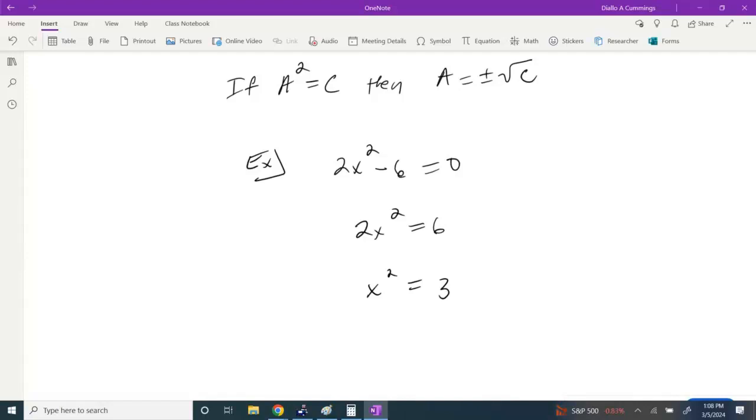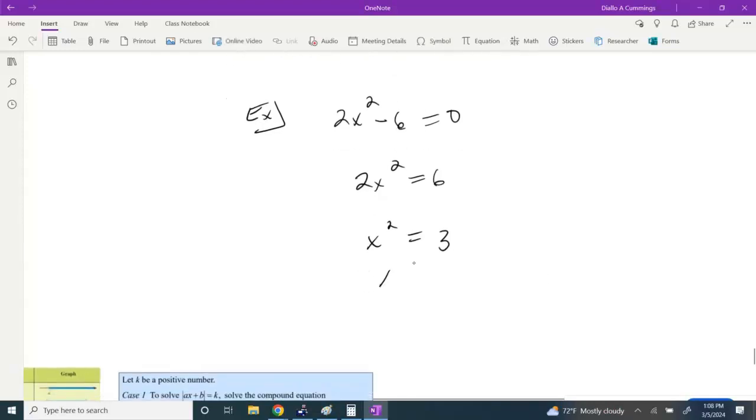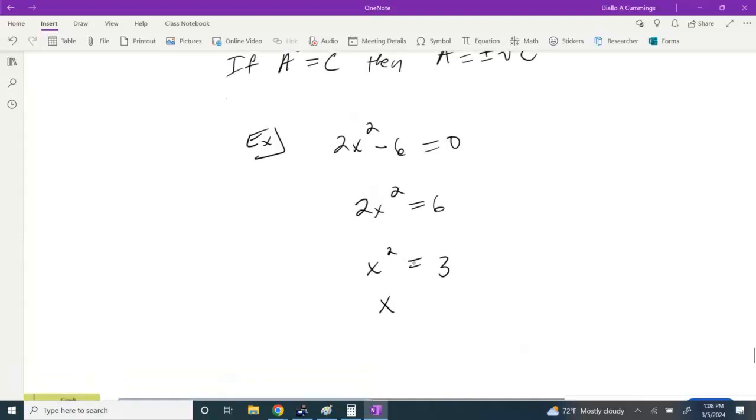Right, so 6 divided by 2 is 3. And now I can apply the square root property. So if I square x squared, that's simply going to return x. The side that's not squared has to sprout that plus or minus. Right? So the solution here would be x is equal to plus or minus 3.